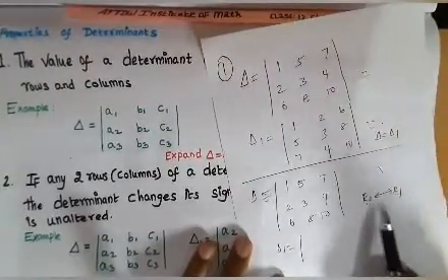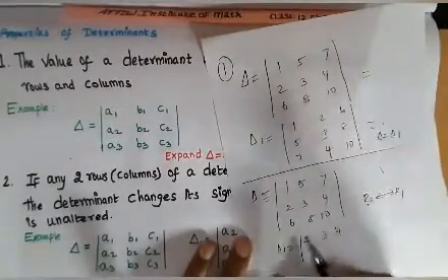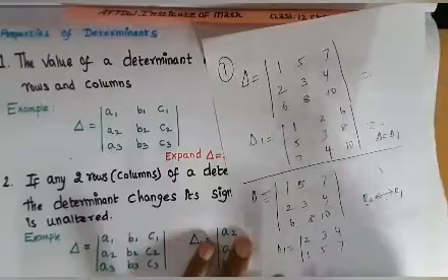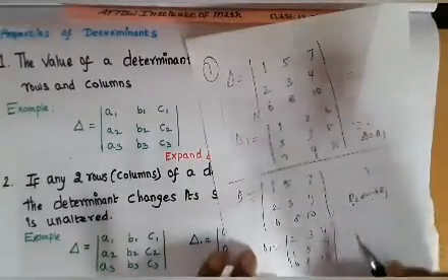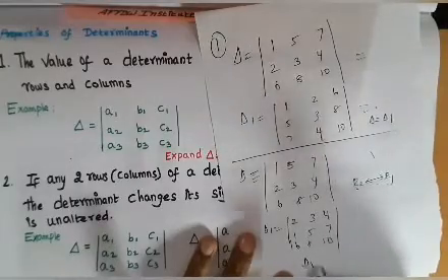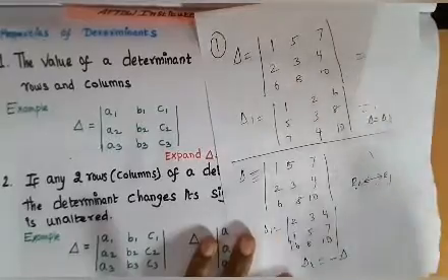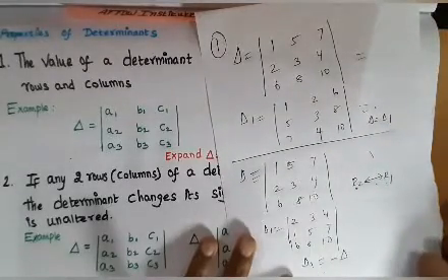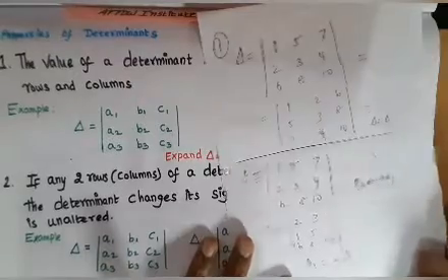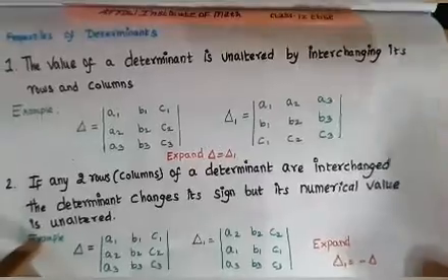So 2, 3, 4 comes in row 1, and 1, 5, 7 comes in row 2, with 6, 8, 10 unchanged. If you expand this, you will check that del 1 is equal to minus times the del answer. This is property 1 and property 2.